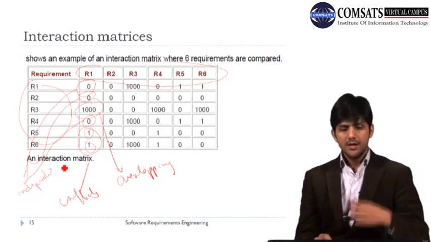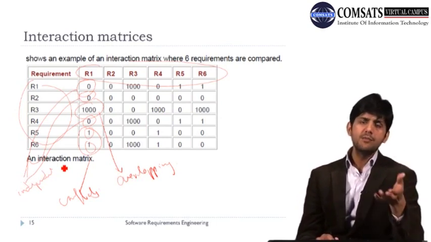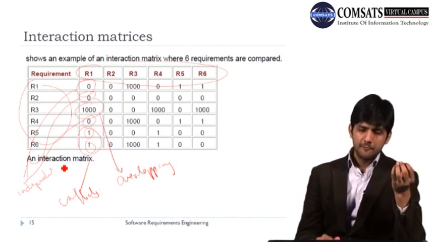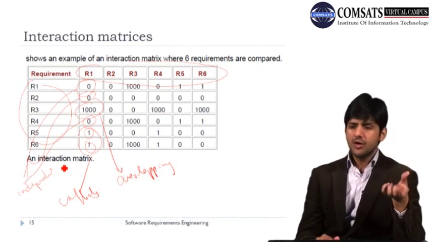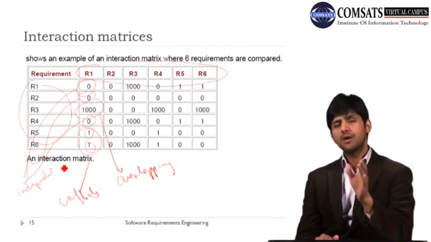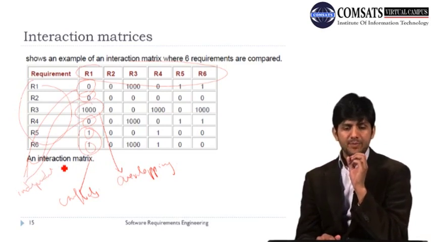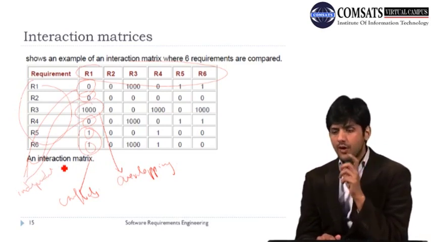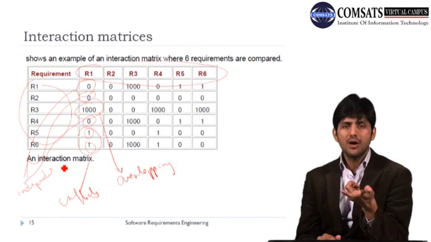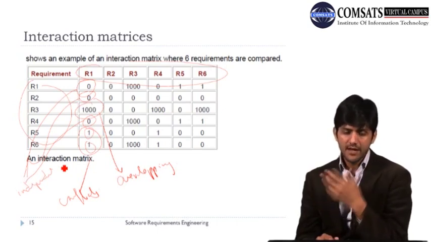Right? So it is very important, and we are going to talk about it in more detail when we move to our discussion on requirements management. One of the things that we discussed with requirements is that requirements change a lot. There are lots of requirement changes which are introduced by the client.